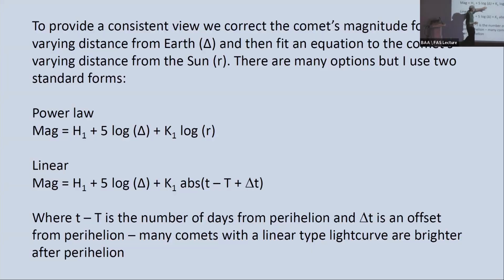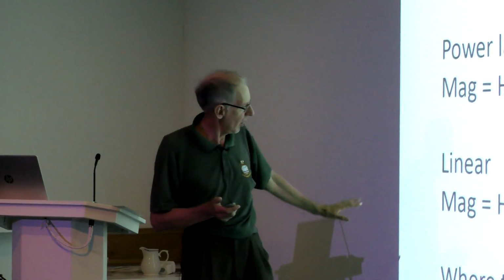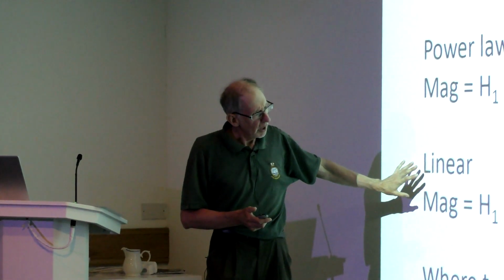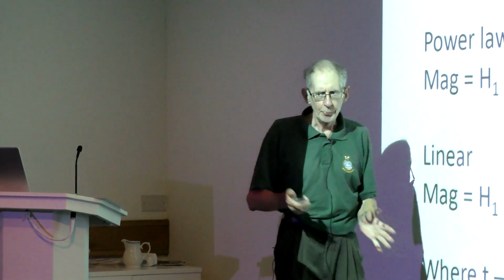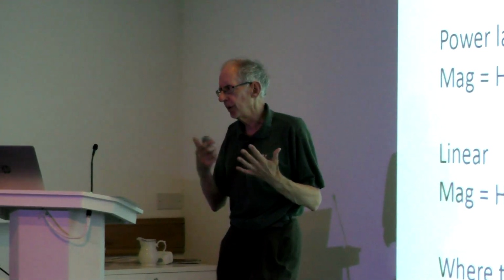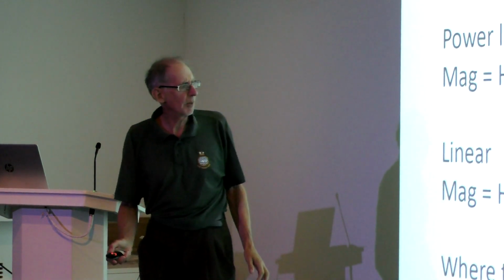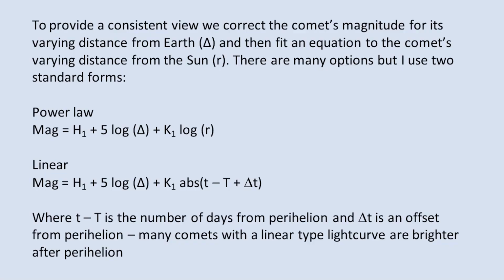And then this parameter tells us how rapidly it brightens as it approaches the sun. There are other formulations, and some comets appear to brighten pretty much linearly rather than logarithmically as they approach the sun. So that just gives the mathematical formulation.